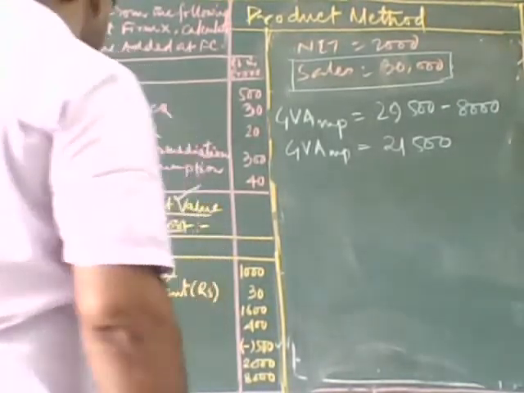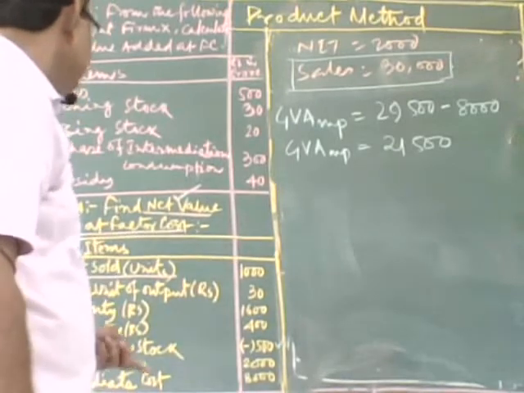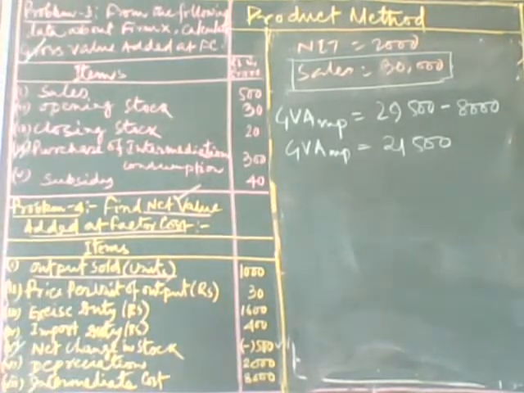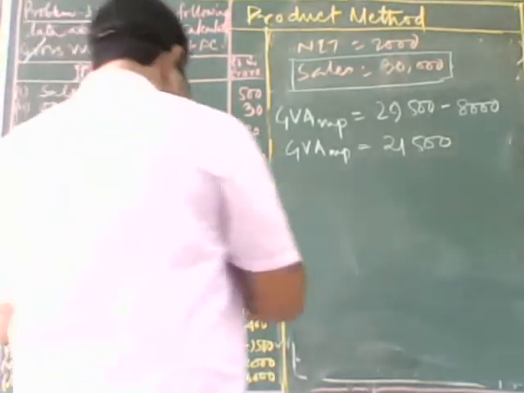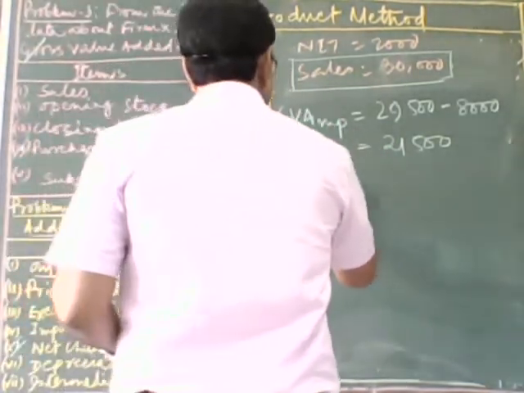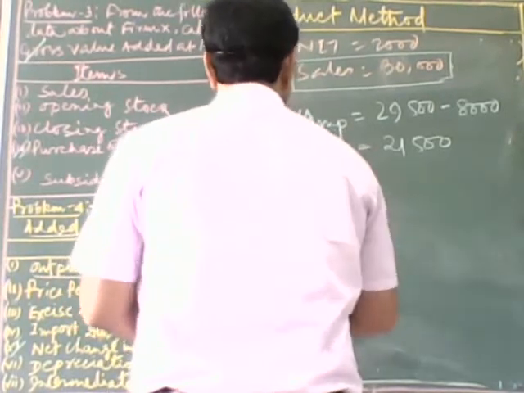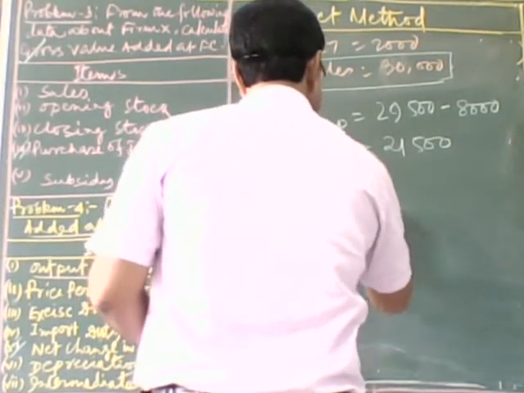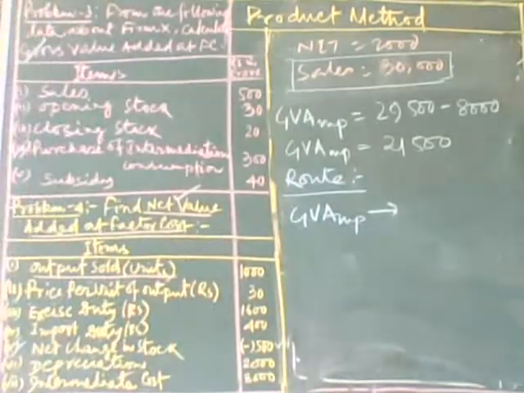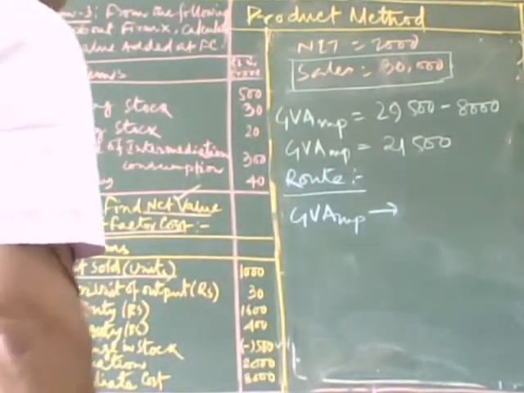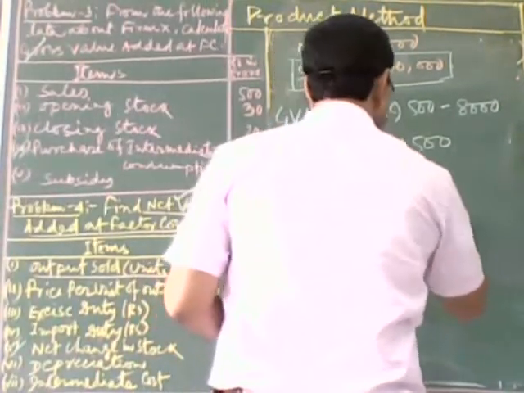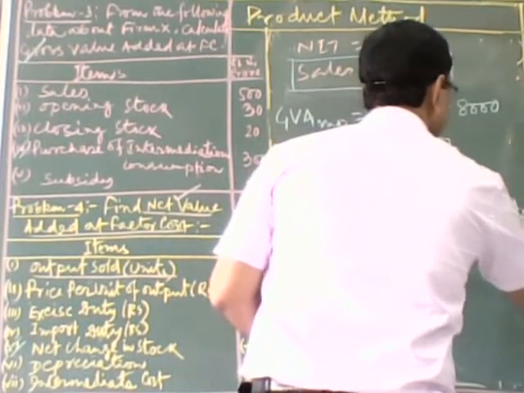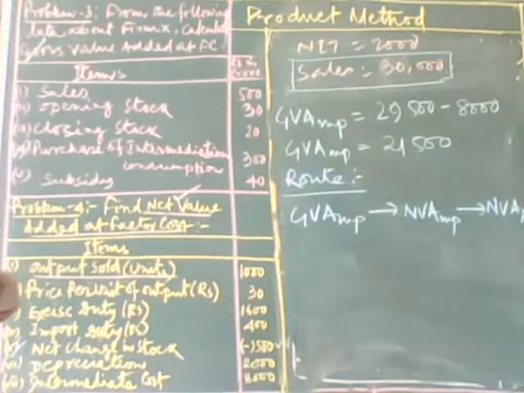So whenever we have to calculate the value of net value added at factor cost from GVA at market price, we have to find out the route first. GVA at market price, next NVA at market price, next NVA at factor cost. So this is the route. You have to follow this route.